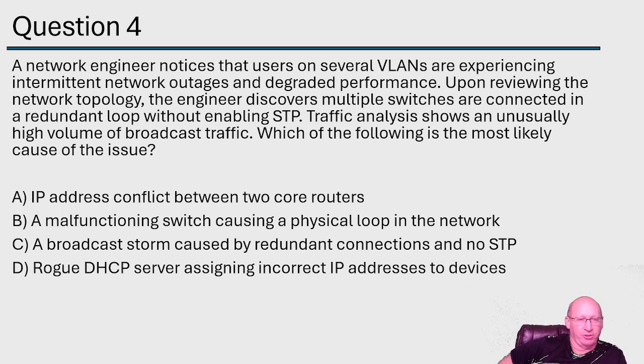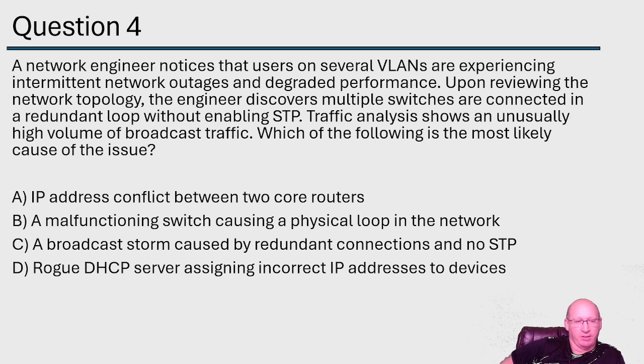A network engineer notices that several VLANs are experiencing intermittent network outages and degraded performance. Upon reviewing network topology, the engineer discovers multiple switches are connected in a redundant loop without spanning tree protocol. Traffic analysis shows an unusually high volume of broadcast traffic. Which of the following is the most likely cause of the issue?